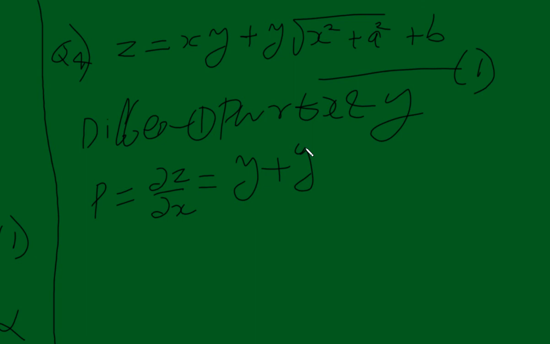Right? We write this equation: 1 by root of x square plus a square, 1 by 2 root into the differentiation of this value, here it will be 2x. That's it.